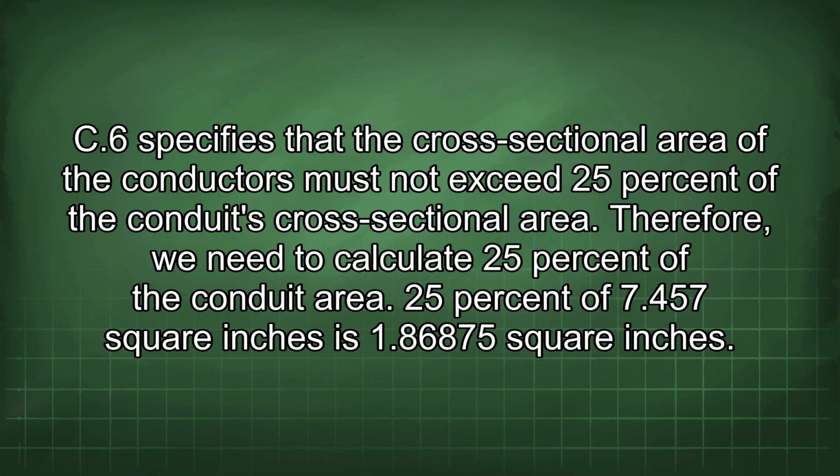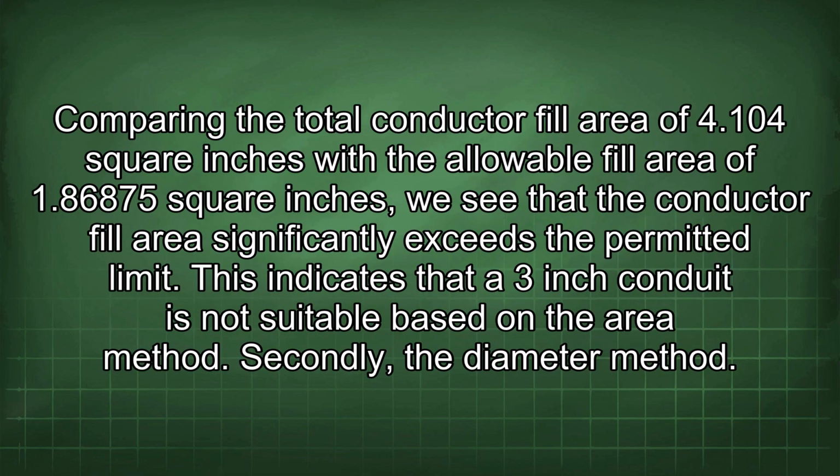Therefore, we need to calculate 25% of the conduit area. 25% of 7.457 square inches is 1.86875 square inches. Comparing the total conductor fill area of 4.104 square inches with the allowable fill area of 1.86875 square inches, we see that the conductor fill area significantly exceeds the permitted limit. This indicates that a 3-inch conduit is not suitable based on the area method.